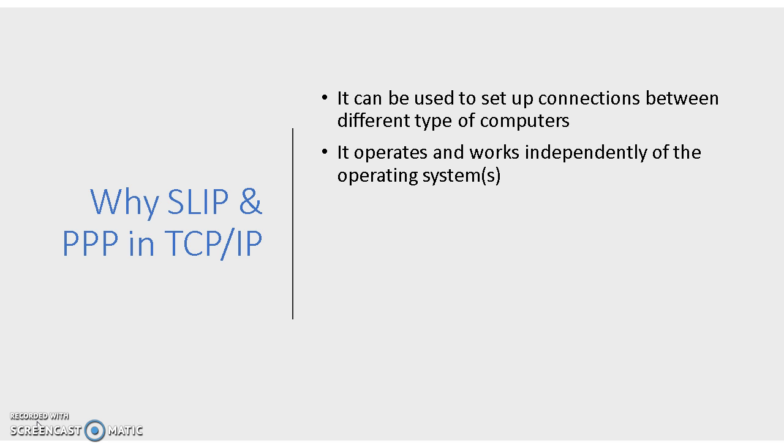Therefore, a Linux computer can talk to a Mac computer can talk to a Windows, and all three can talk to each other. It does support a number of routing protocols, so it's not supporting only one. So any type of routing protocol that is set up can be used.